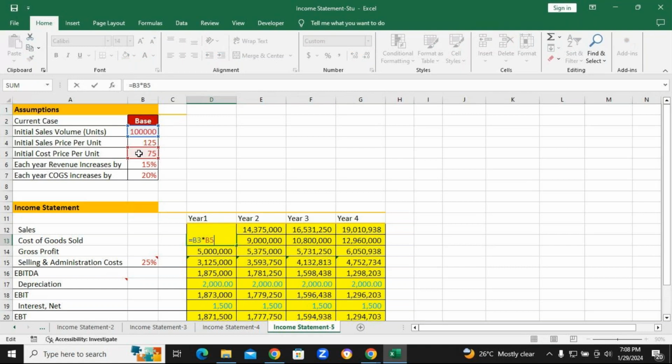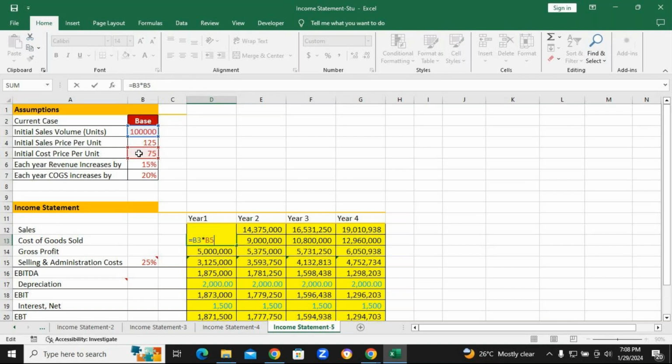COGS is nothing but cost of goods sold, of the items I have sold. Like one pen I am selling means for 50 rupees I would have bought, and I'm selling it at 100 rupees. The selling amount minus the cost I spent on buying that item will be my profit.